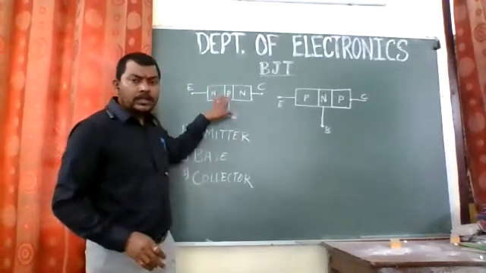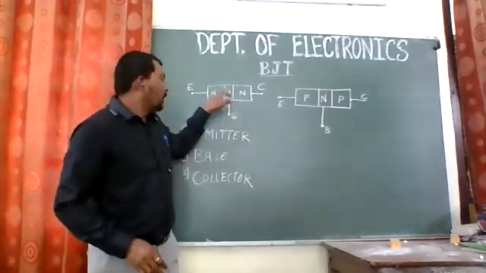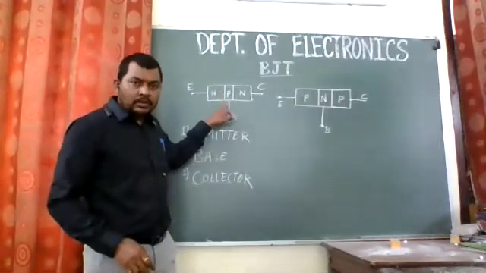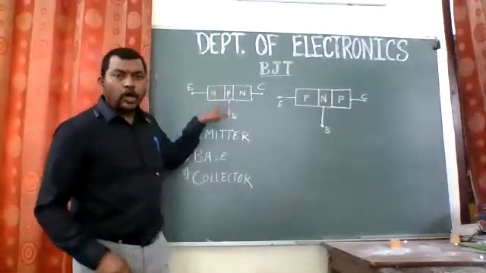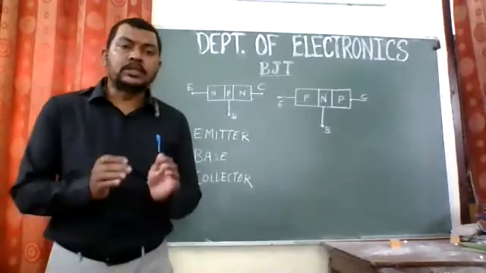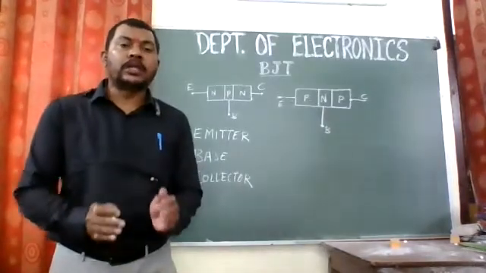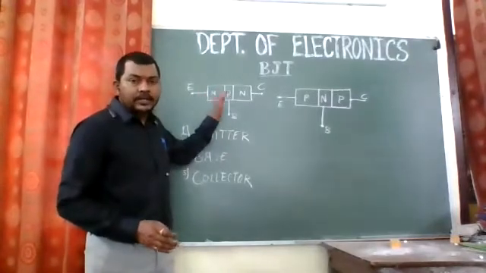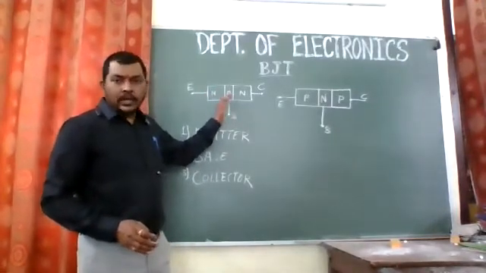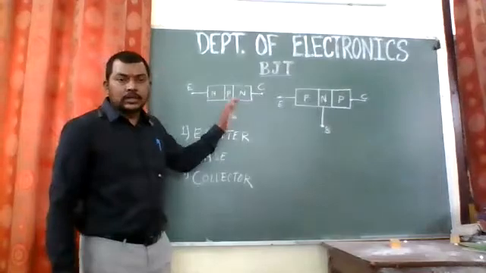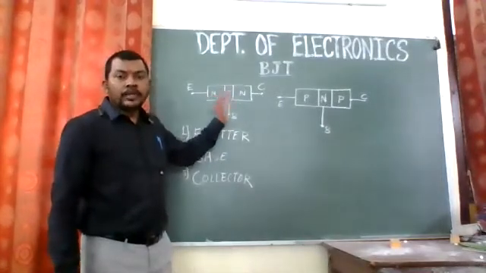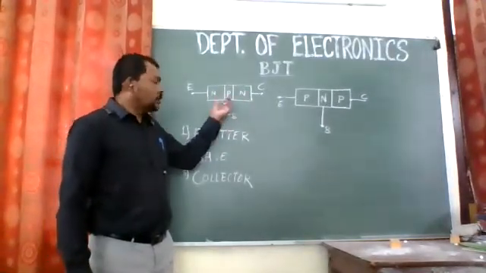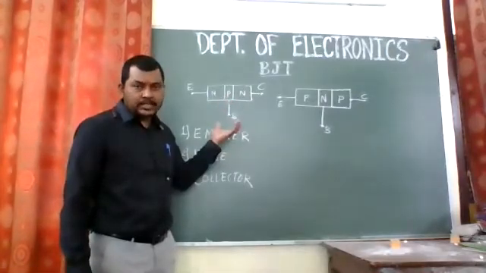So it is very lightly doped, and the region is very small. It provides the area to recombine the charges emitted by the emitter, so that is why it is called a base.